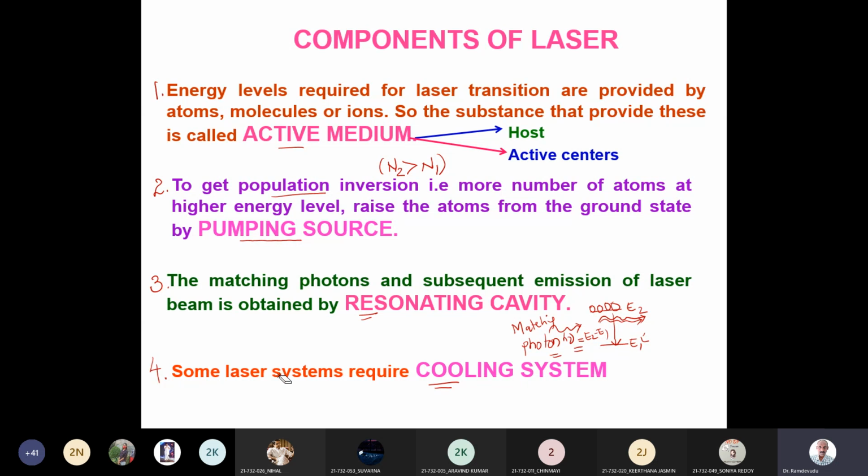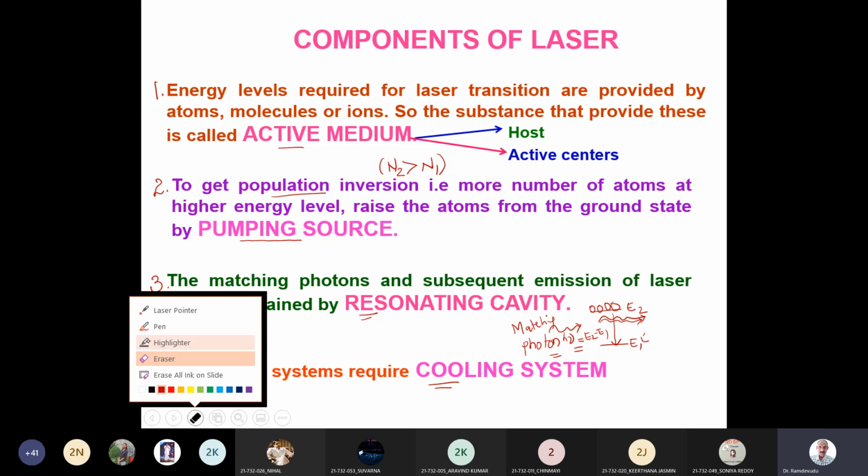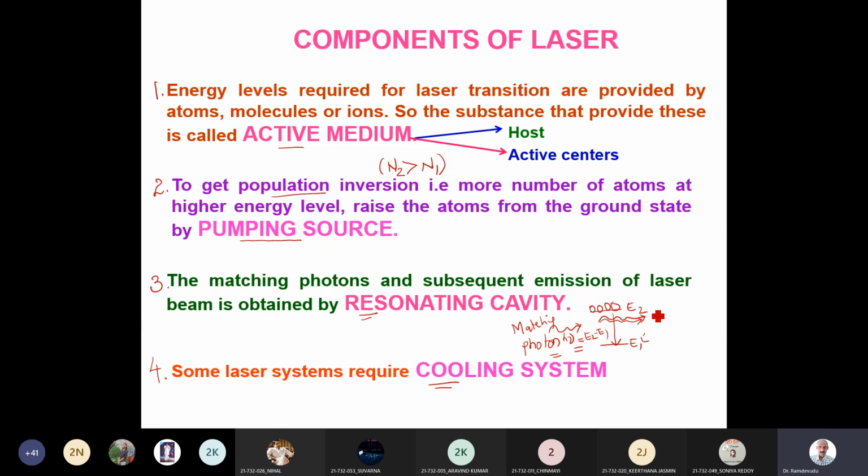Therefore, to increase the number of photons, I keep a perfect mirror here, and these photons will fall on it and get reflected back. While coming back, these two take another two atoms down, and thereby I keep another mirror here, and they shuttle between these two and increase the intensity.